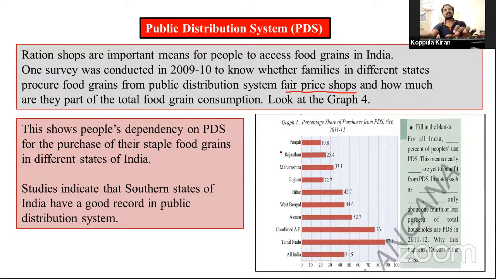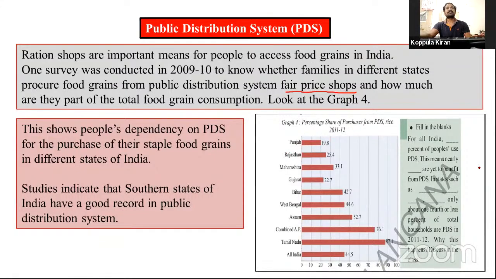You can understand the public distribution system in this picture. Percentage share of purchases from PDS. We are buying food grains from PDS, from ration shops. See, every state is providing this facility.